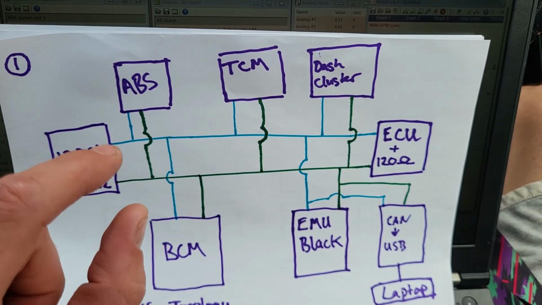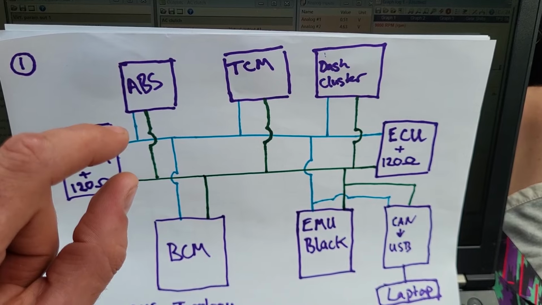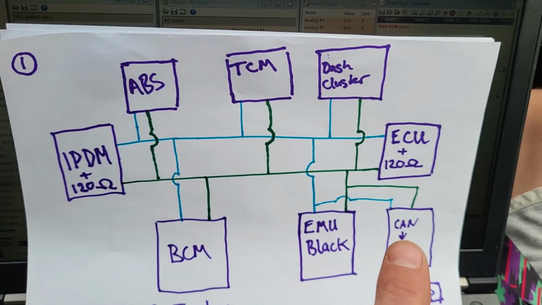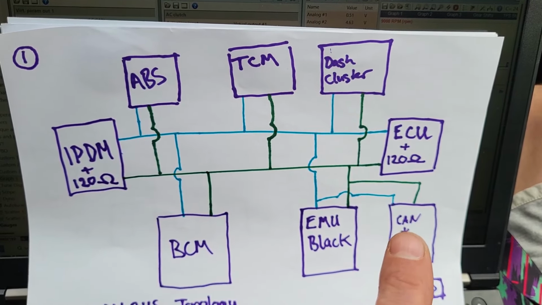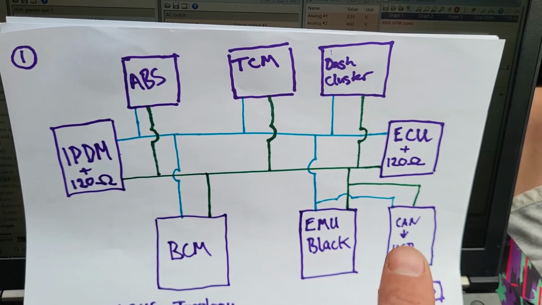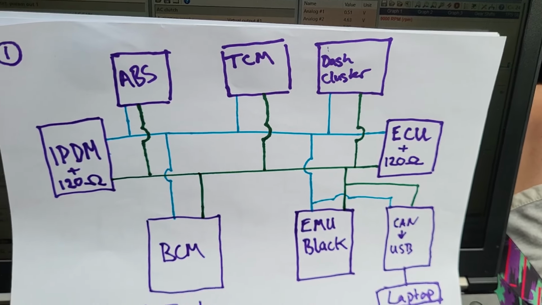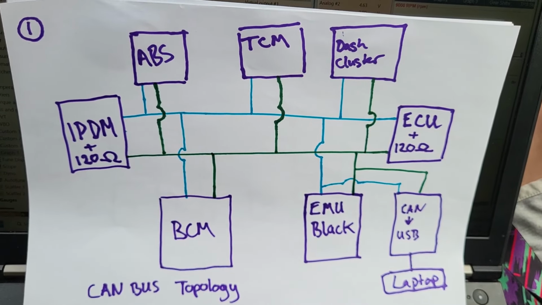I'm going to need to put a physical 120 ohm resistor across CAN high and low there. And fortunately my CAN adapter here has a switch to enable that on or off. I'll turn it on. Then I've got my resistor here, my 2 ends of the network, and I can communicate with one another.